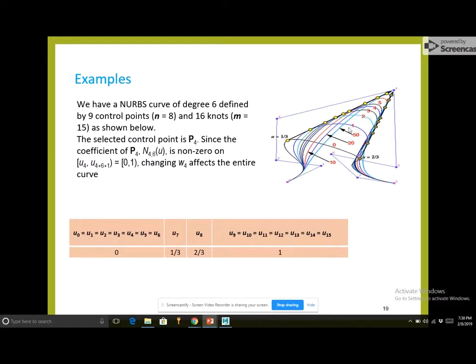We are varying the W value from a very high value of 50 to as low as 0. So we can see how the curve is changing. This is the curve for W0 and this is the curve for W50. When the weight is more, the curve is almost touching the point.